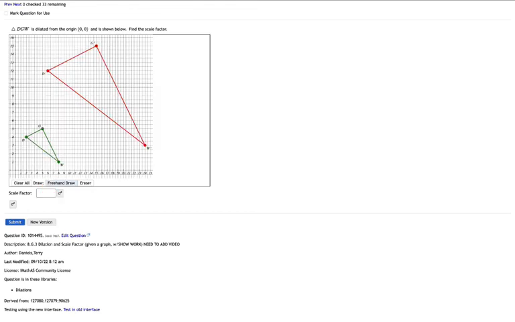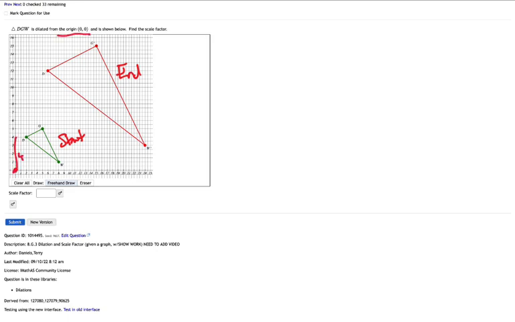Using the method of rise over run, we're going to try and figure out what the scale factor is here. This is the shape that we're going to start with, because there's no tick marks next to the letters. From the origin is where the center is, so we'll start right here.